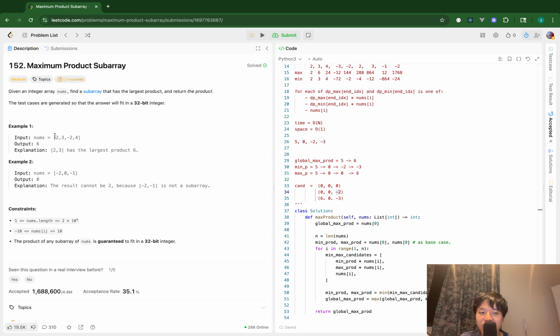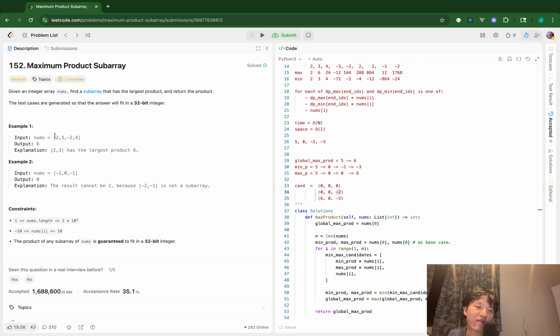And to think of the maximum product which ends with index I, I needed the result of the subproblems, which is the product which ends with the previous index I minus 1. I will think of the minimum product of that and maximum product of that. And once that is answered, then I can find the candidates of the product.